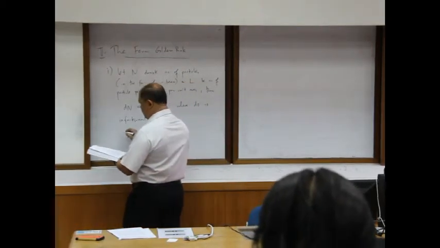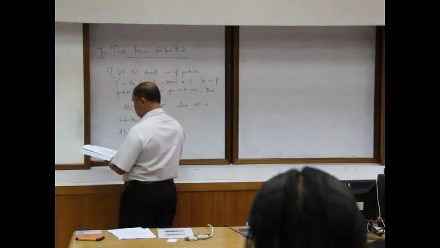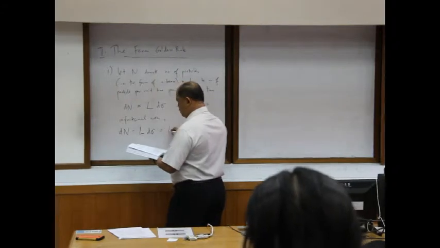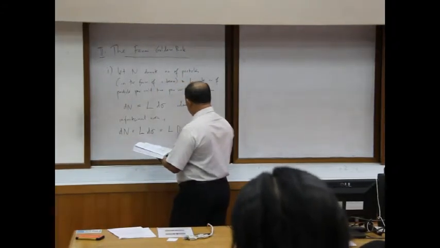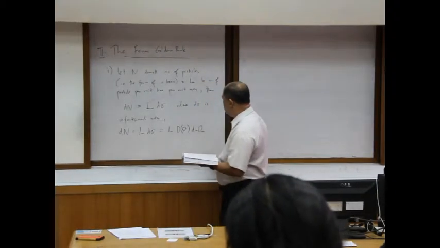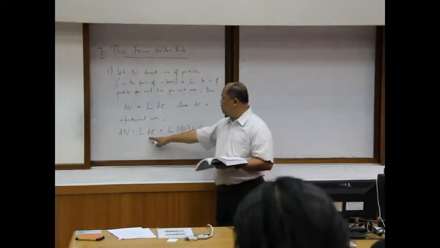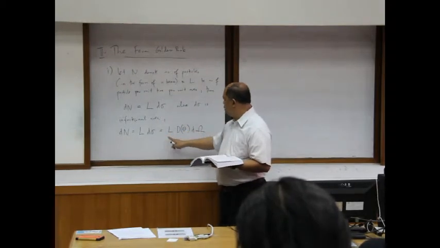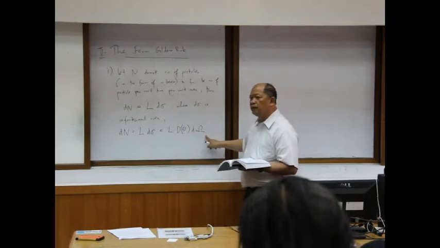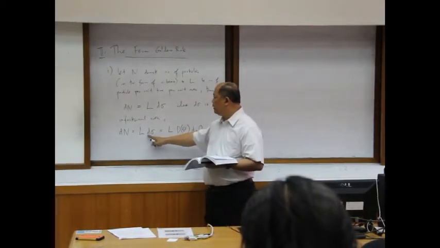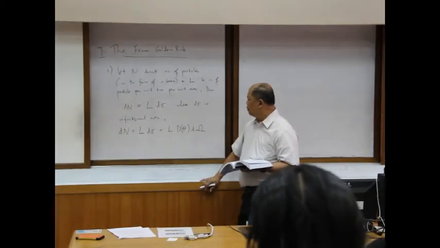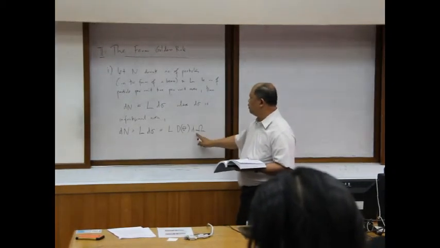Then you can write dn equal to L d sigma, and you can write this in terms of a solid angle d omega. Now, this sigma, that area, is some function multiplied by the solid angle, because typically this area is not two-dimensional but a solid angle.